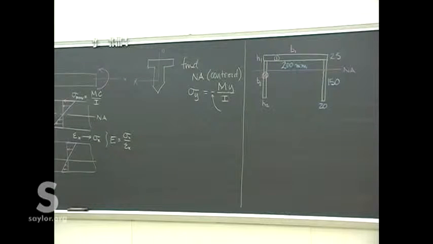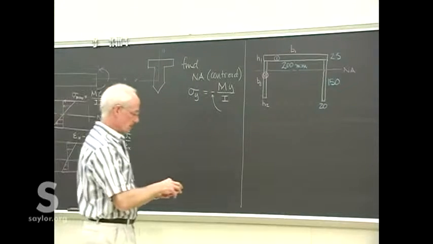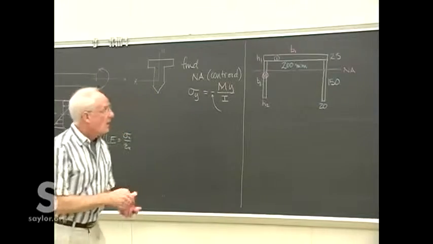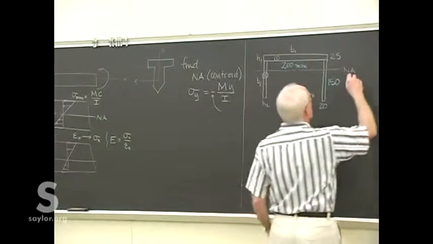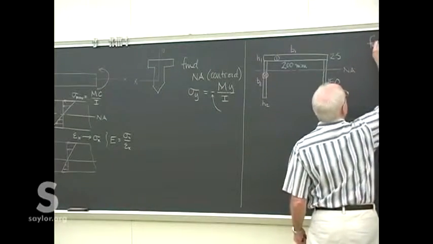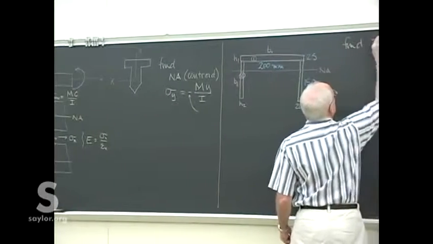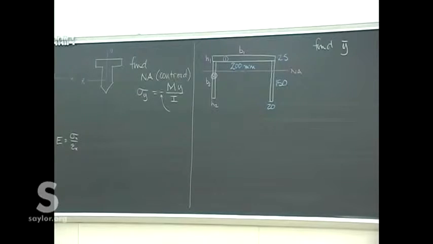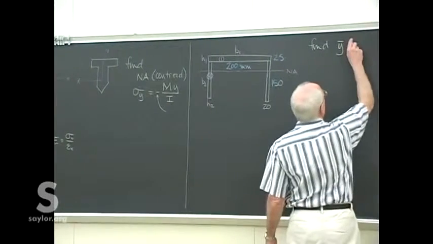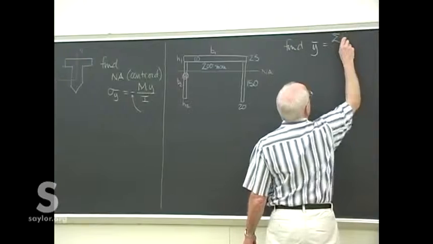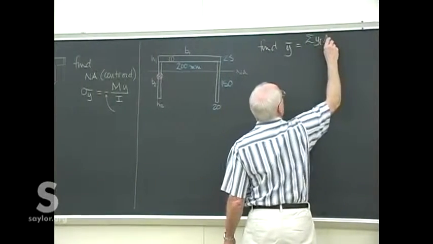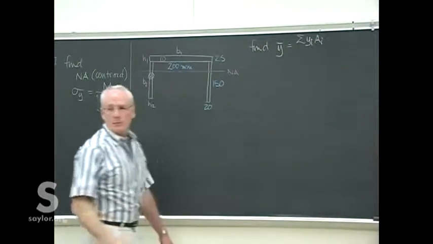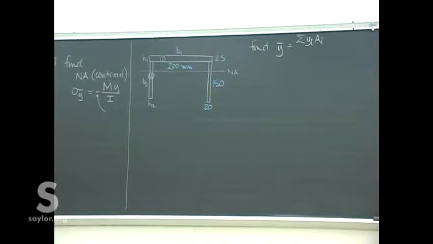As a refresher, what we need to do is find the position of the neutral axis, which I believe we call y-bar, which we find by looking at each of the individual pieces and calculating the product y_i A_i, where y_i is the location of its own centroid.